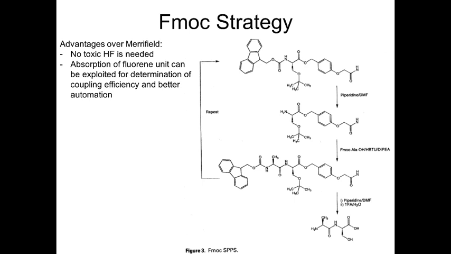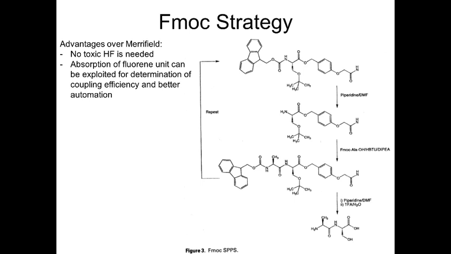This linker system is now again attached to a Fmoc protected serine group. The hydroxy group of the side chain of the serine is protected as a tert-butyl ether, as we have already seen. That is the persistent protective group that is used in this case.